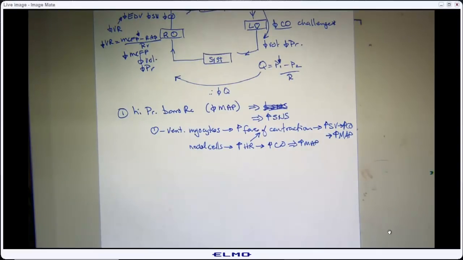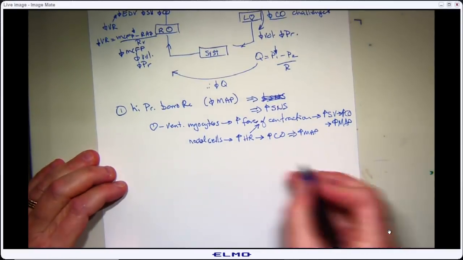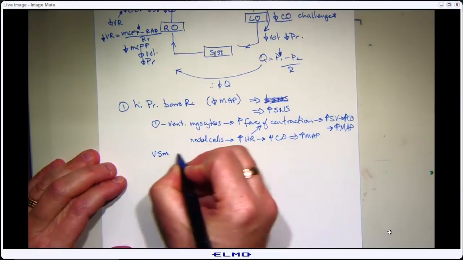So where else are we going to go with sympathetic nervous system? Where else are we directly plugged into so that we're going to get something to happen? Smooth muscle in arterioles. Perfect. So vascular smooth muscle, let's go there.